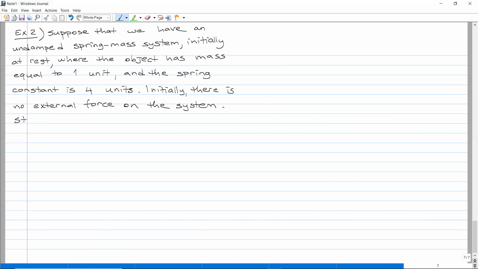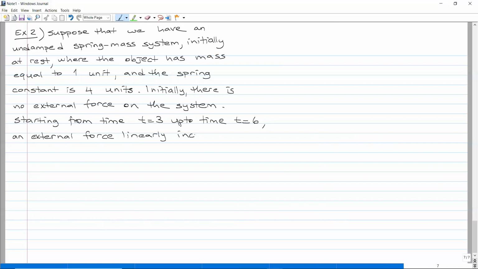Starting from time t equals 3, up to time t equals 6, an external force linearly increasing from 0 to 9 units is applied to the system.